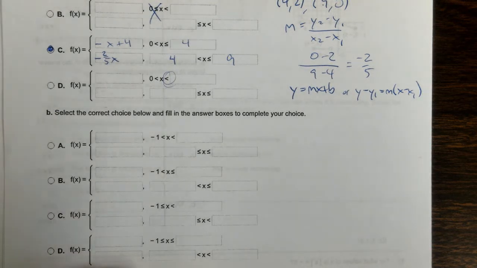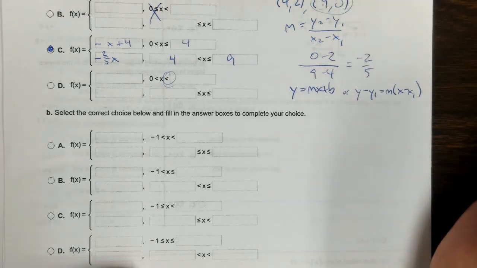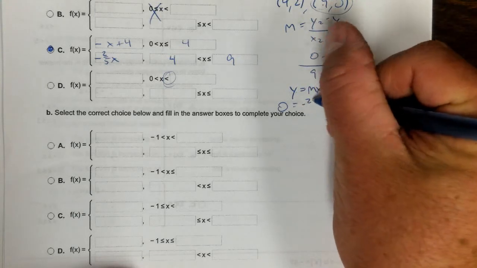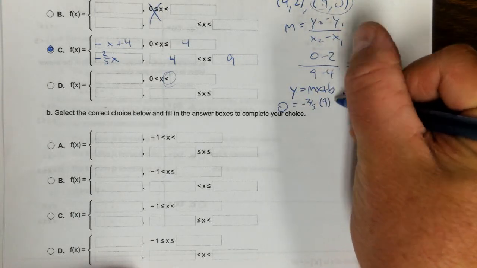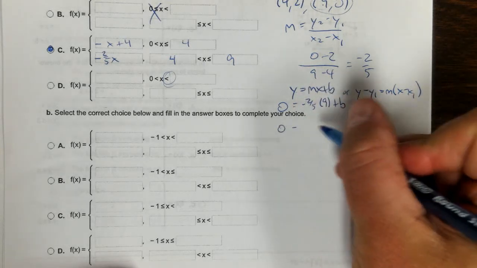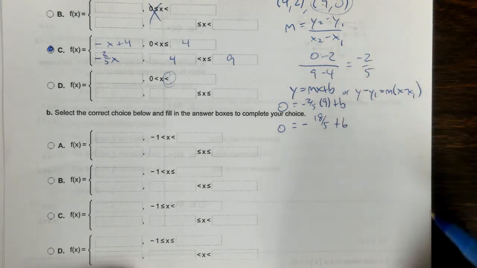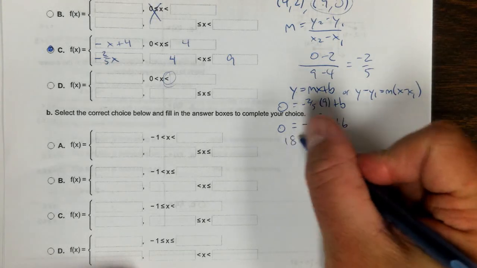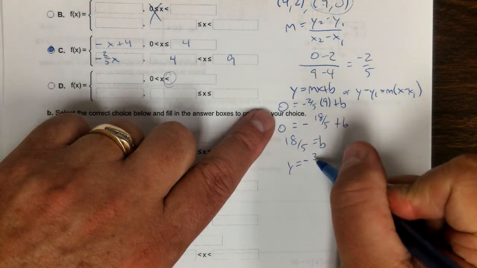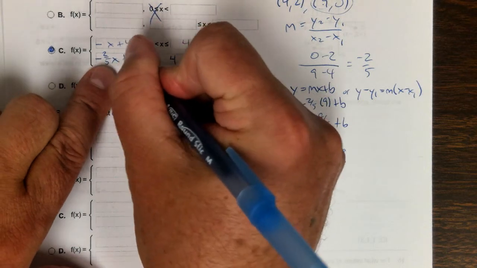Now just looking at that, since we have a 9, 0, let's use this one, because then we can just say 0 equal -2/5 times 9 plus b. And so that would be 0 equal -18/5 plus b. And then just move it so we get 18/5 equal b, which means y equal -2/5 x plus 18/5.